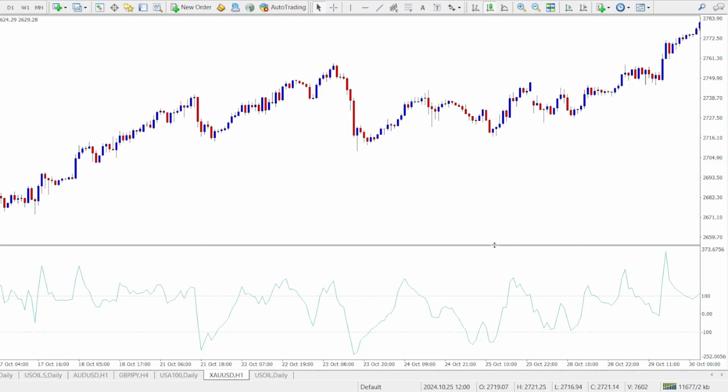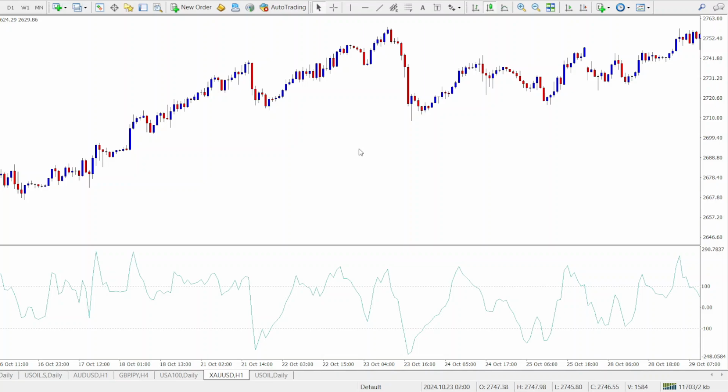But coming to divergence specifically, when the price is making new highs or lows, but the CCI is not confirming those moves, we have a divergence. This is a potential signal that the current trend may be weakening and a reversal could be on the way.